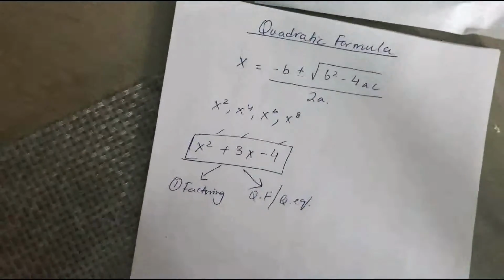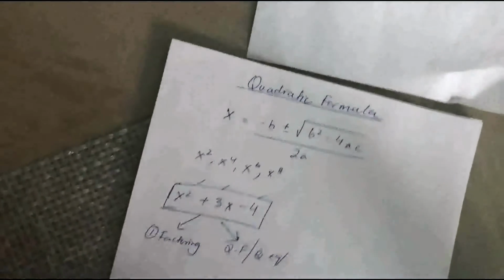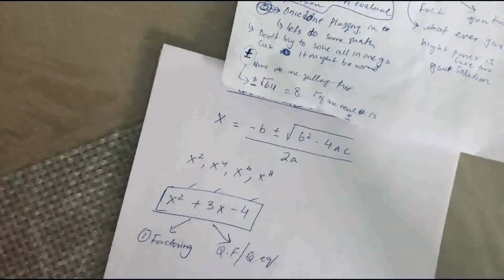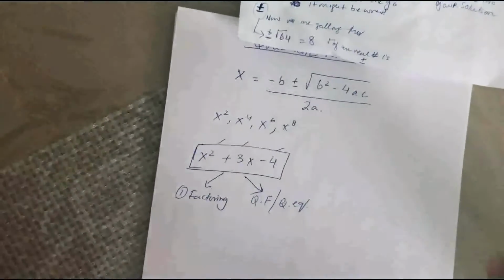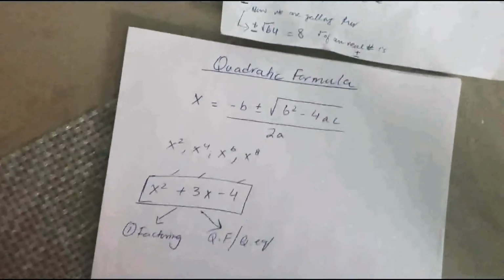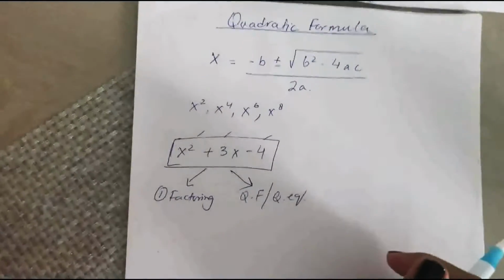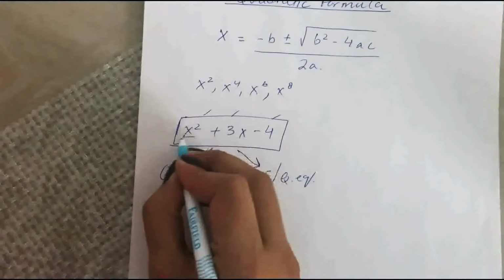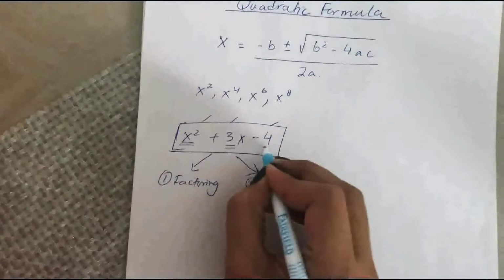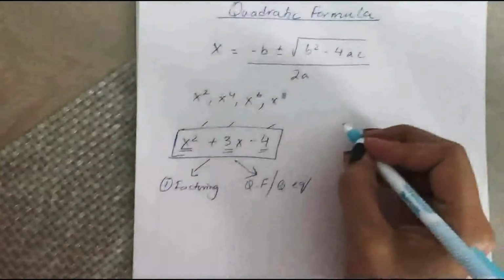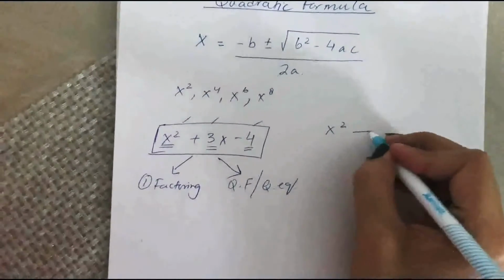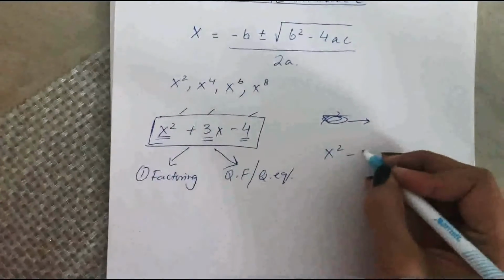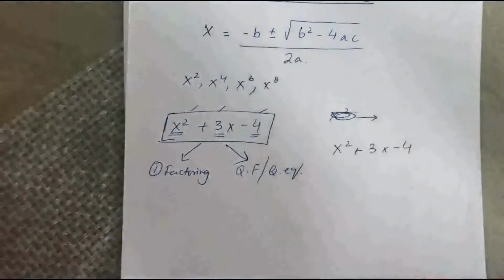So let me give you one tip. You always try to give a variable to each of the numbers here. Let me write down the equation again: x squared plus 3x minus 4.